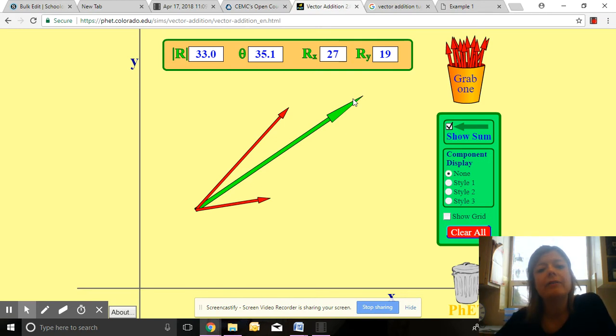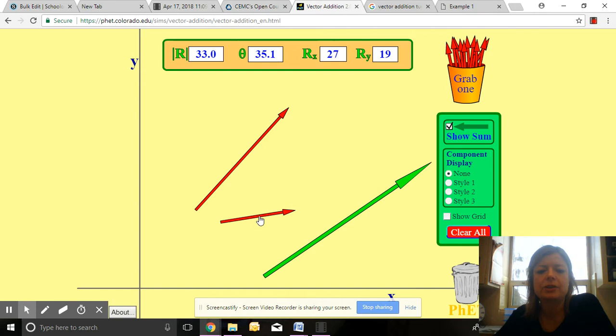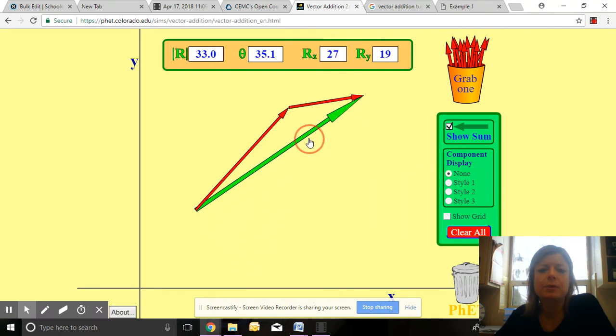So one way of finding the resultant vector is by creating a parallelogram and finding its diagonal. Another way is to take these two vectors and change them so that they are head to tail, like this. Then the resultant vector is the one that will complete a triangle. This is called the triangle law of addition. We'll be learning about both of these in this video.